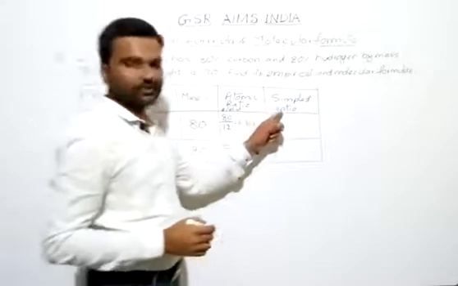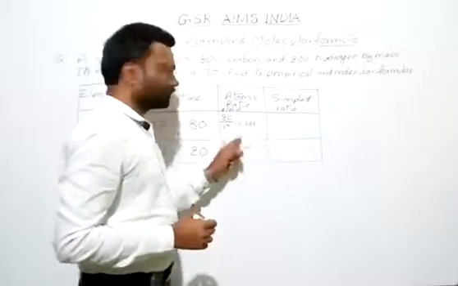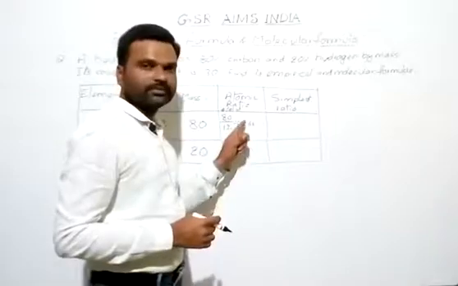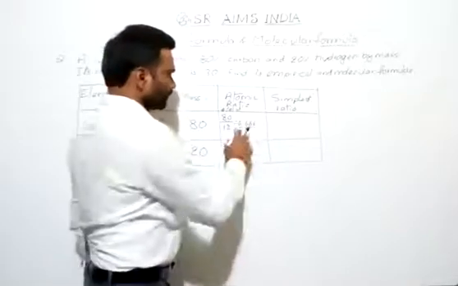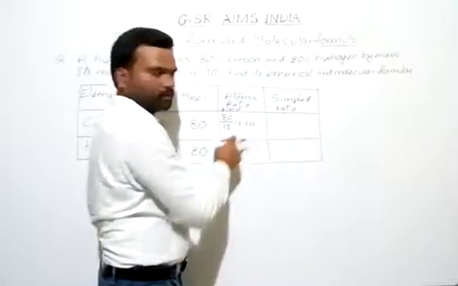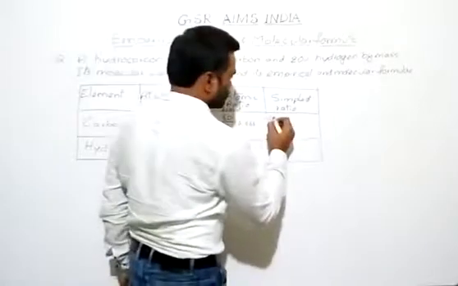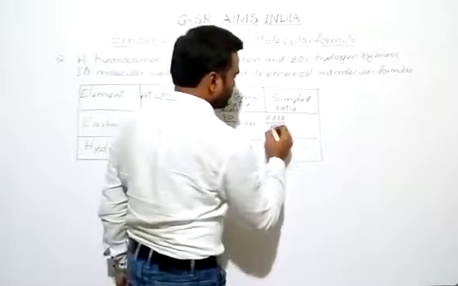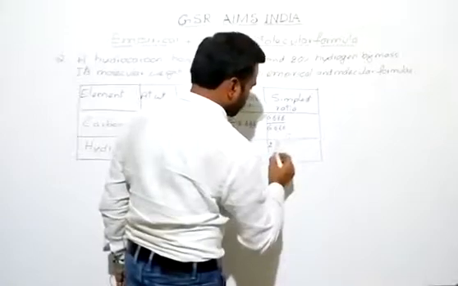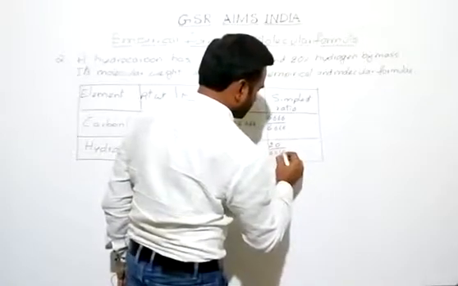And the last one, simplest ratio. From the obtained values, all the values are to be divided by the smallest among them. Here in these two, the smallest one is 6.666. So with this we have to divide these two once again. Now it becomes 6.666 divided by 6.666, and next one 20 by 6.666.